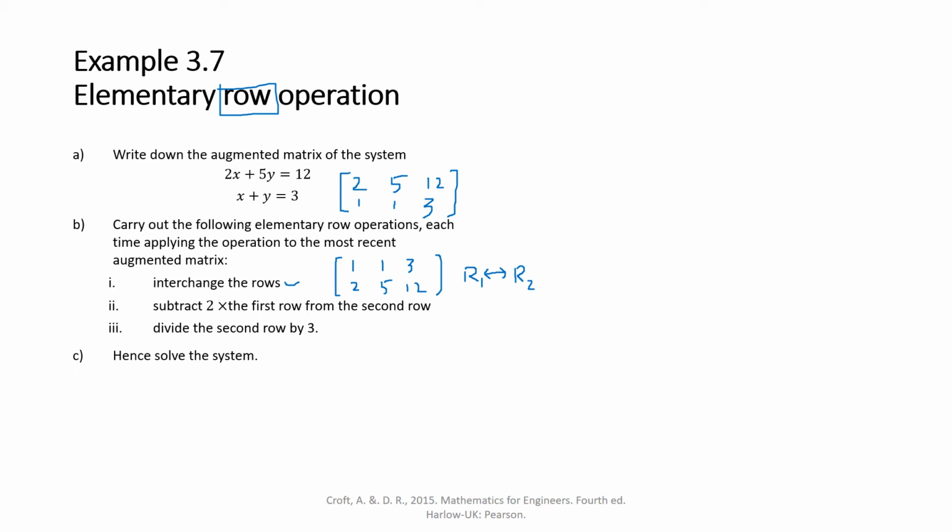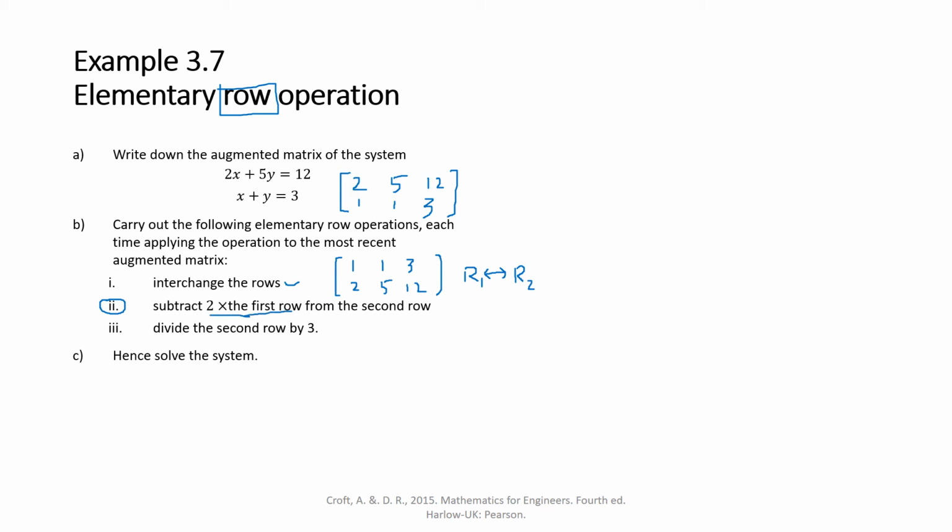Okay, now what do they say? Part 2, I lost my cursor, where is it? Okay, now I'm here. Subtract 2 times the first row.